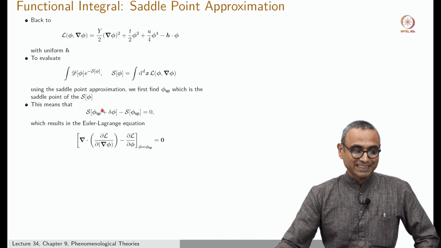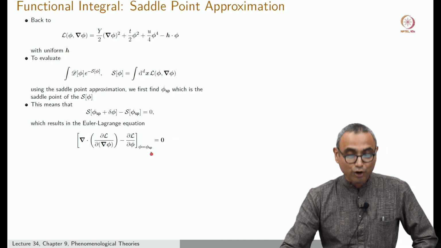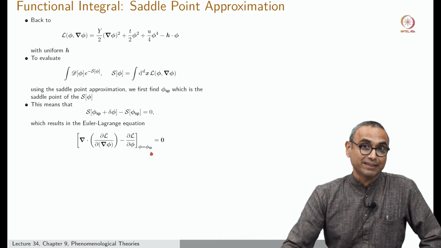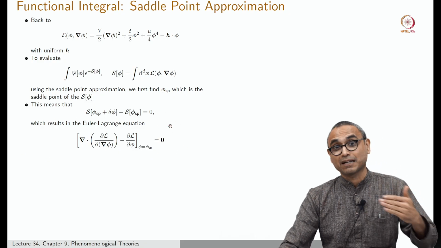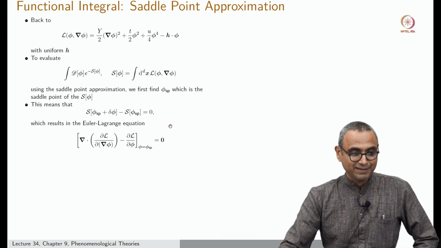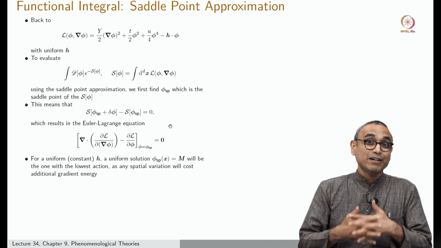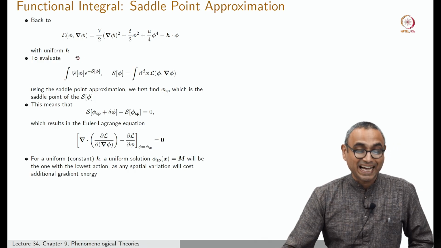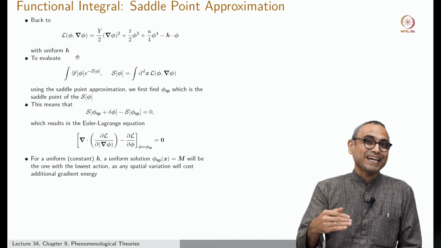So what will this give us? This will give us a differential equation in general for the saddle point field. The solution of this differential equation will give me the saddle point field. Okay. All right. Now I'm going to invoke the fact that this h that I have is uniform. I'm going to now make a physical claim.